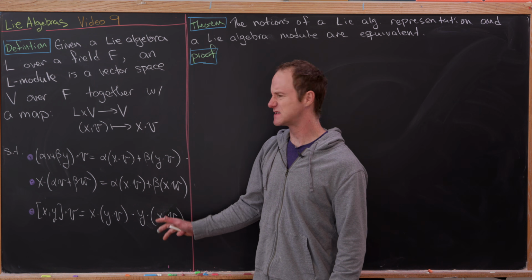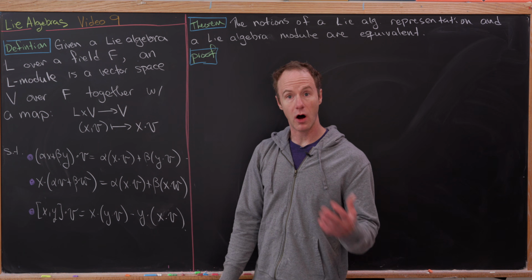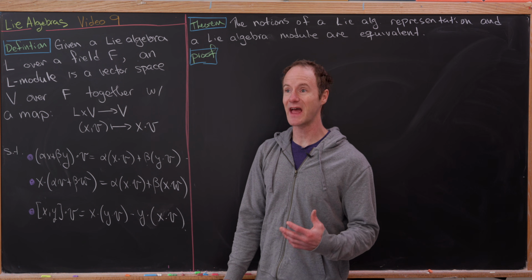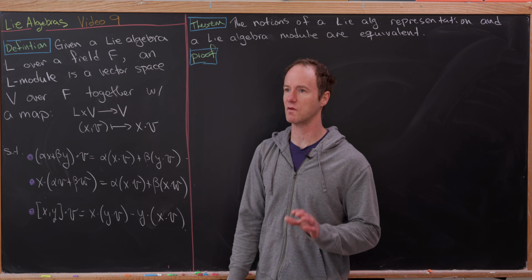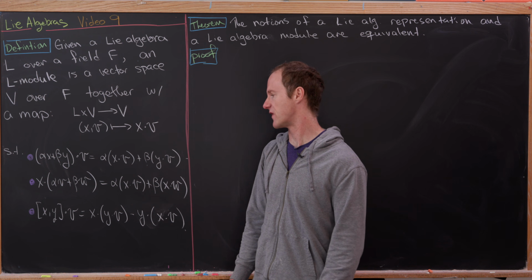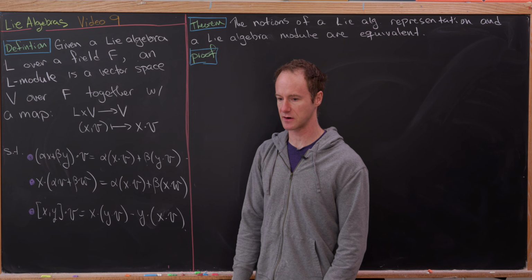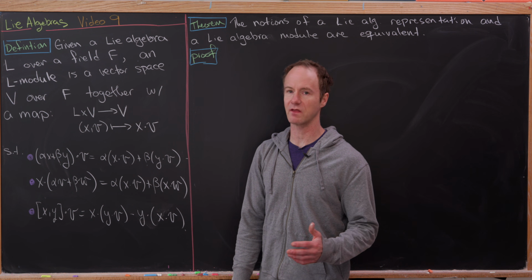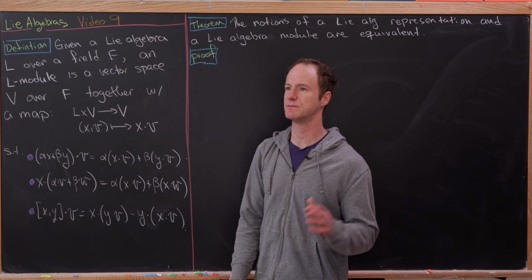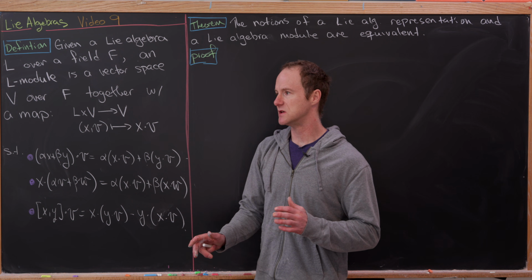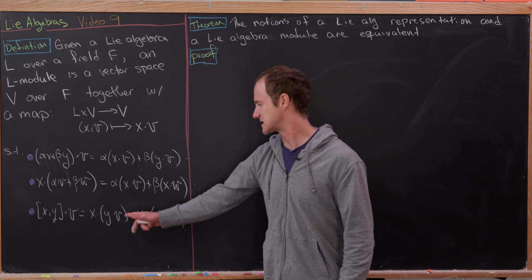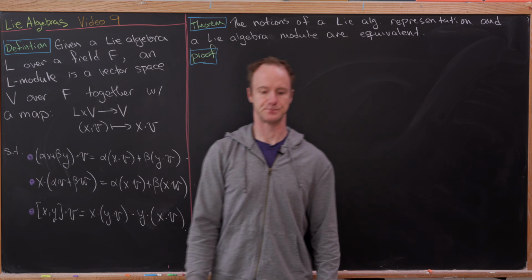So if you look at this, all elements of the Lie algebra look like they are linear transformations of the vector space, and that's exactly what's going on here. But not only are they linear transformations of the vector space, but the bracket is somehow working nicely with this action.